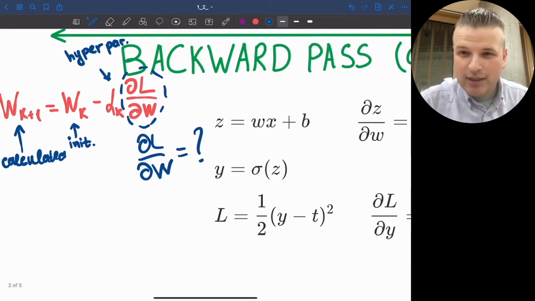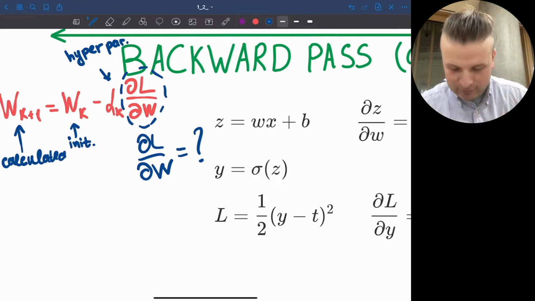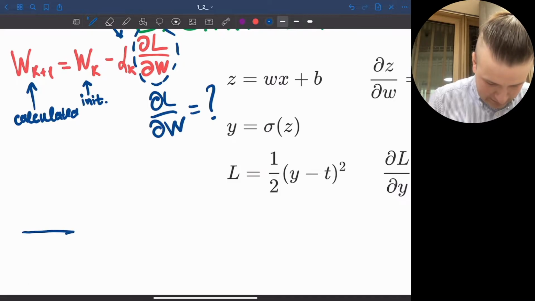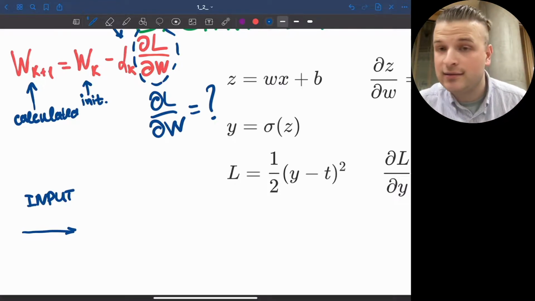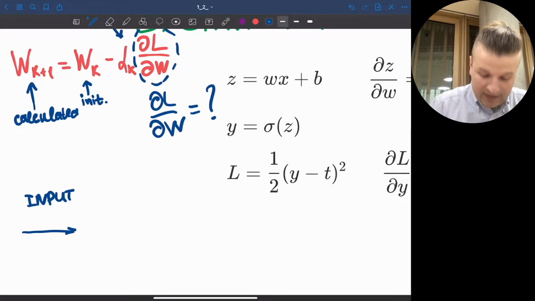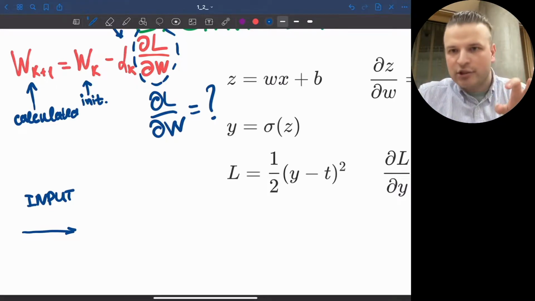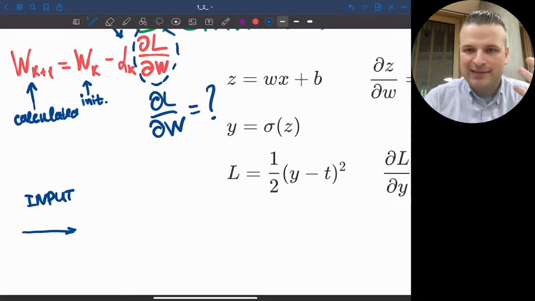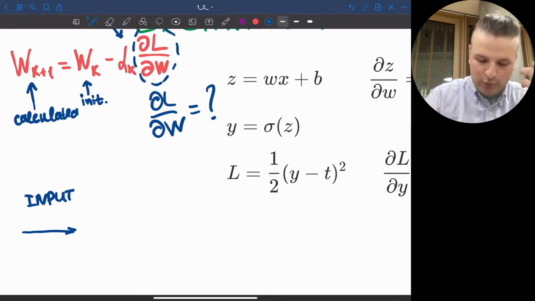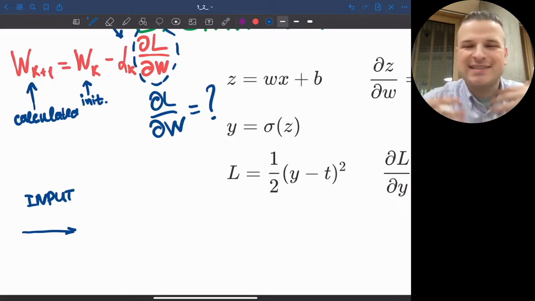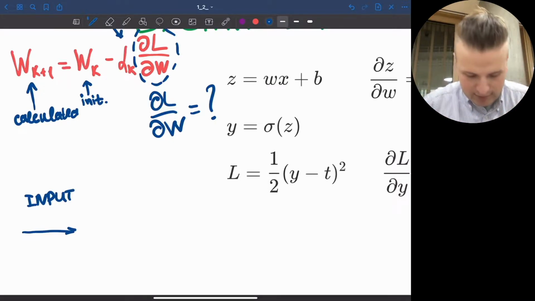But typically, when we are training our neural network, we have something like this. We have some input, which could be data or some signal, like some sequence, etc. And a sequence of nonlinear transformations of our signal, with hope to obtain something which is close to a label, or close to something which we wanted to predict.